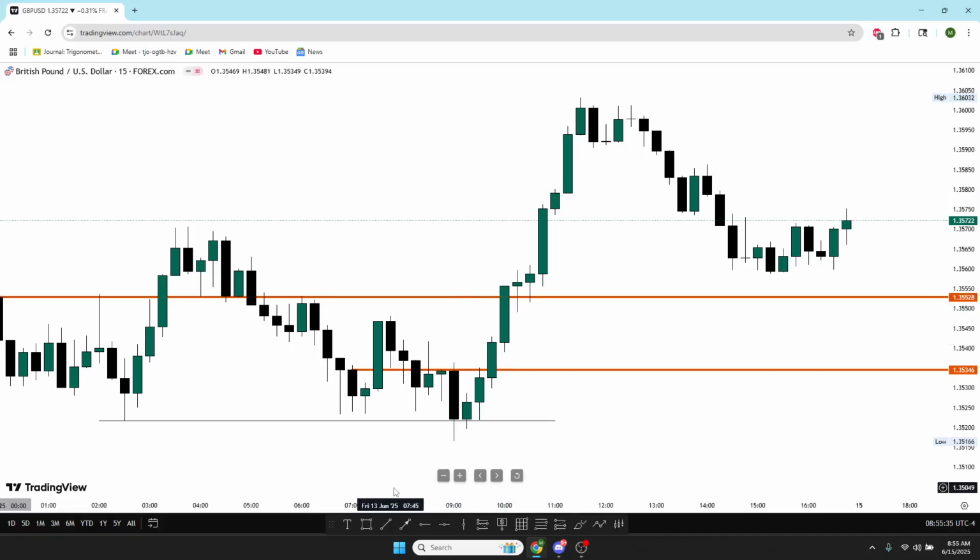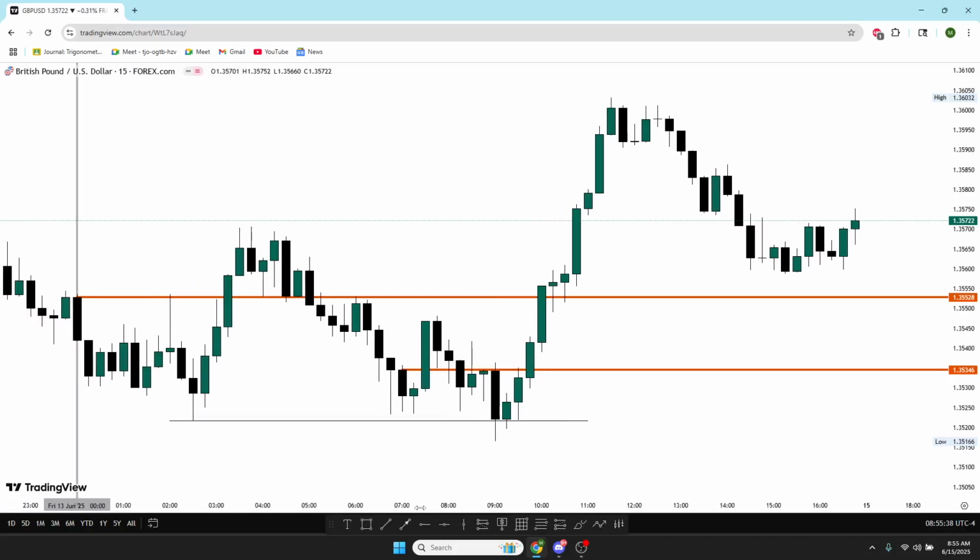Also, we're below the New York opening price, and we're also below the New York kill zone opening price, the 7 a.m. open. So this is a high probability potential bullish market, which with hindsight you can see what happened.